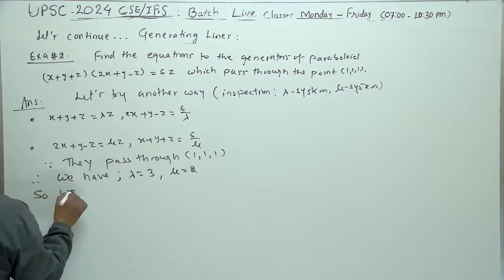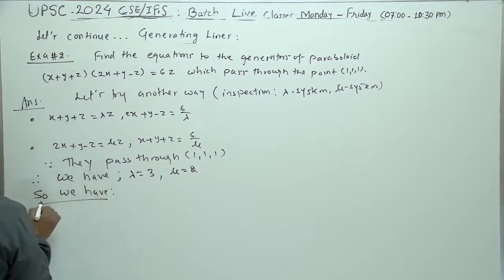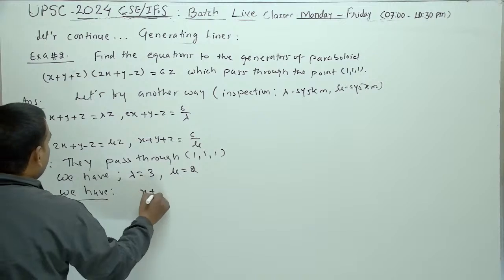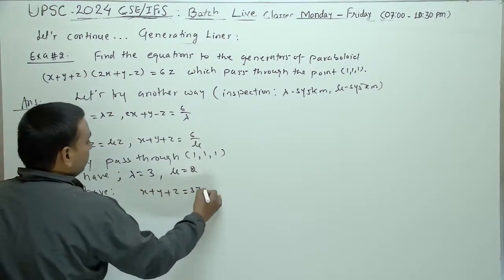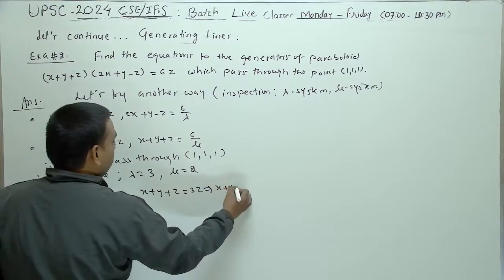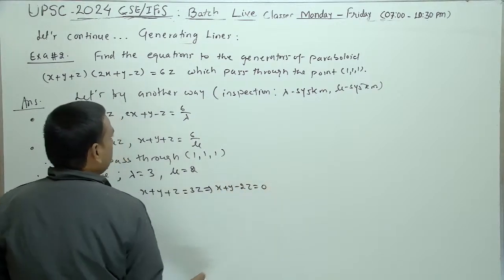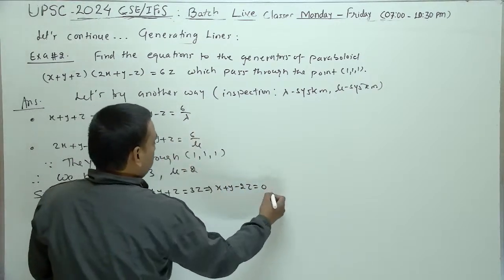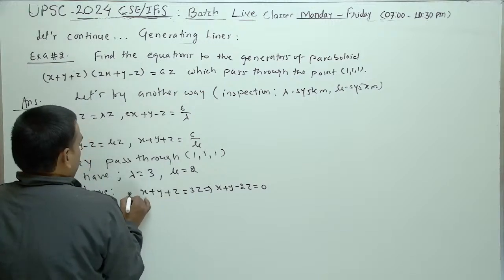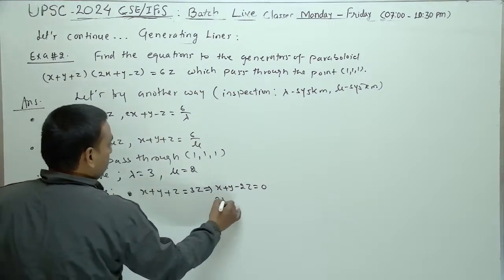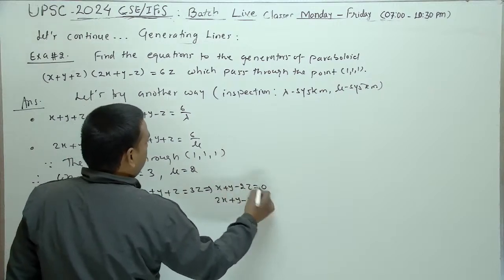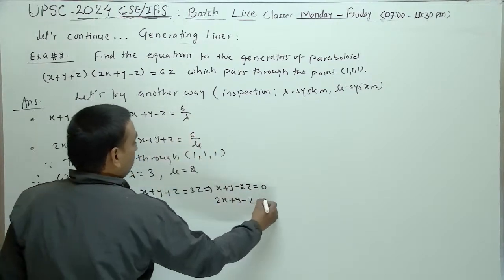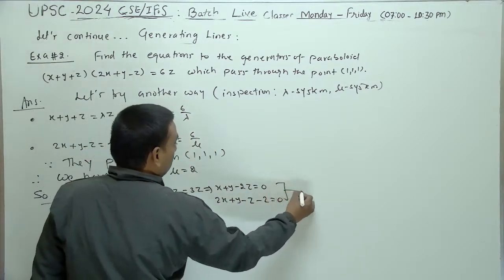So we have lambda and mu, we have x plus y plus z equals 3z. This implies x plus y minus 2z equals to 0. Here we use 2x plus y minus z minus 6 upon lambda. So minus 2 equals to 0.